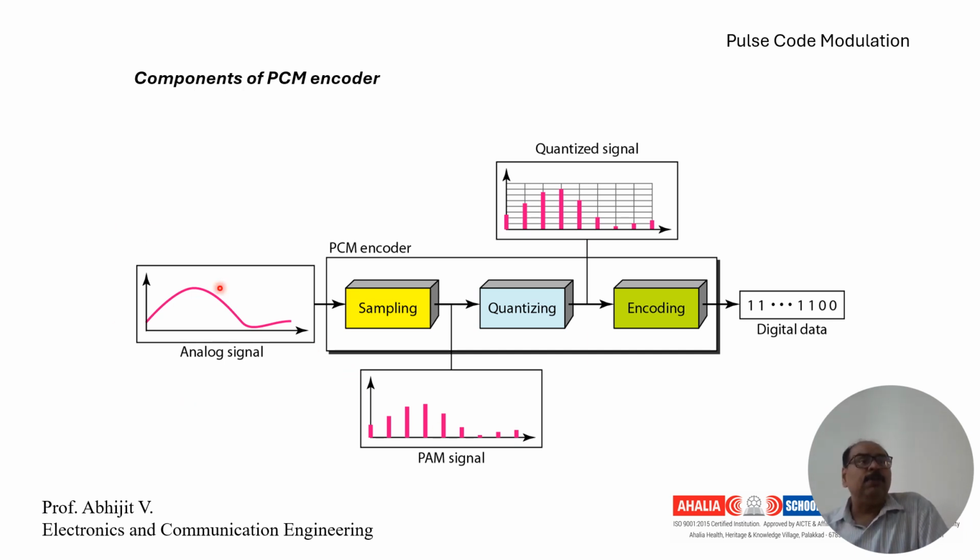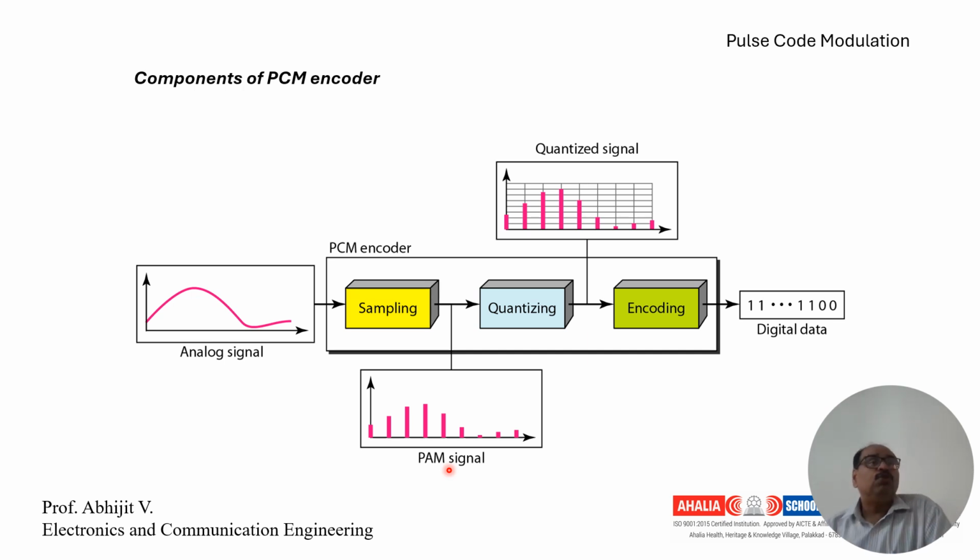Here we give the input as an analog signal to the sampler. After sampling, quantization and encoding, we get the digital data as the output. The quantized signal will be a digital, discrete signal which is not continuous, having sufficient values for each point in the amplitude.